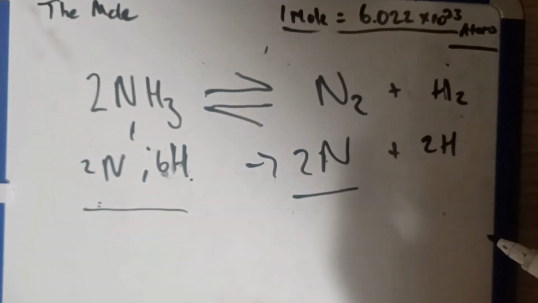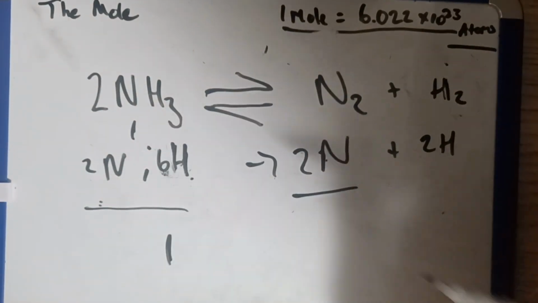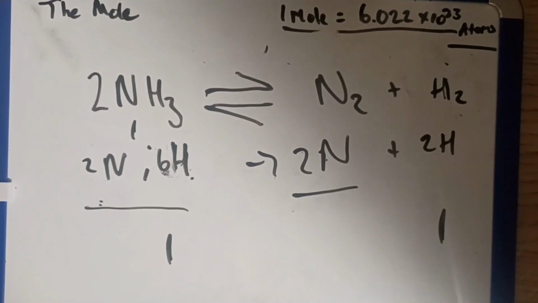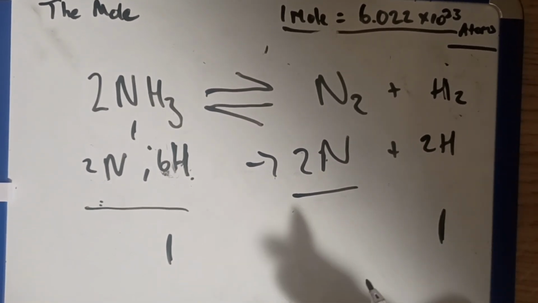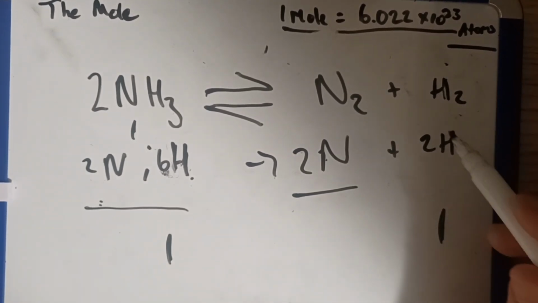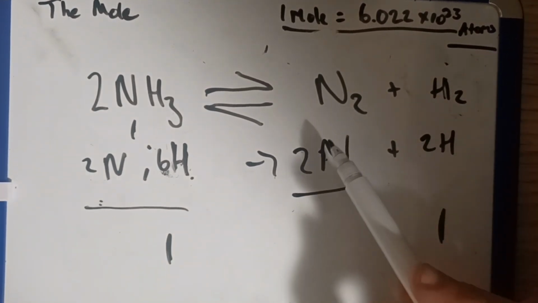But now we have a problem again, because we have 6 hydrogens here and 2 hydrogens here. The solution to that is having hydrogen on this side completely separate to our other reactant.